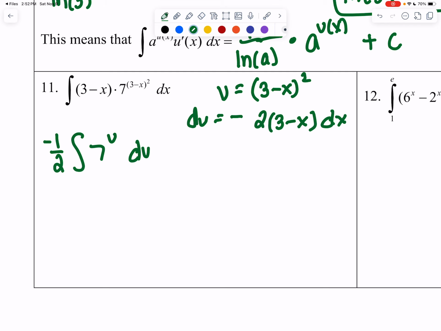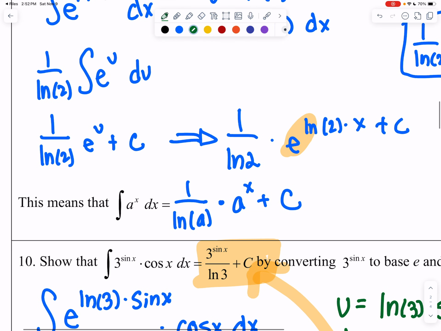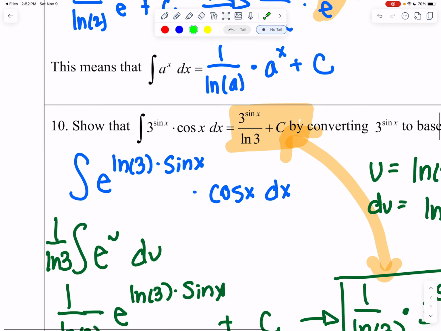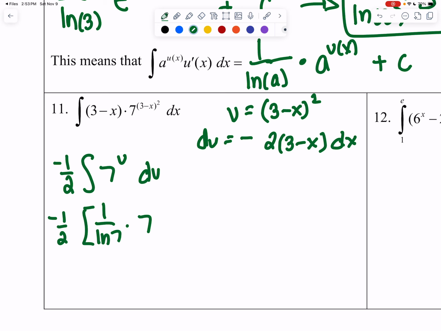Now, based off of number 9 here, we know that the integral of a to the x is going to be 1 over ln of a times a to the x. So the integral of 7 to the u is going to be 1 over ln of 7 times 7 to the u plus c.